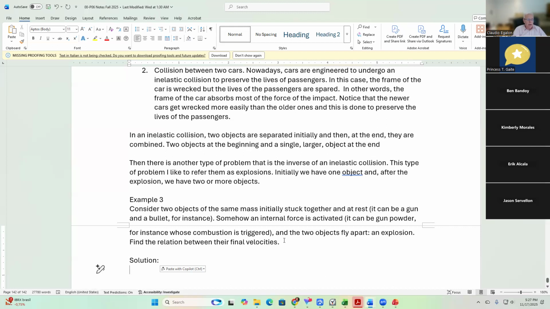Find the relation between their final velocities. You cannot find the exact value of the velocity with the information that I gave to you, but you can find the relation, the ratio, between their final velocities. Final velocity of 1 divided by final velocity of 2, okay?